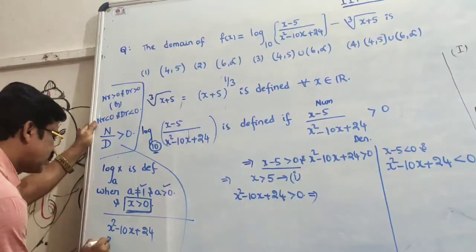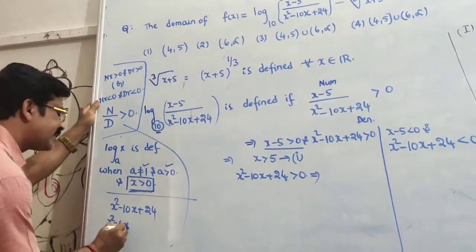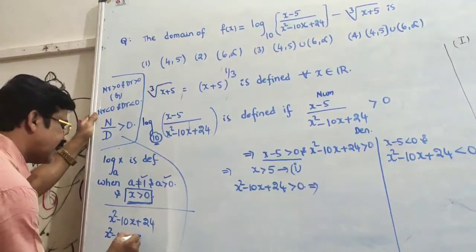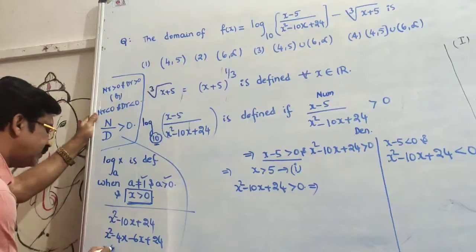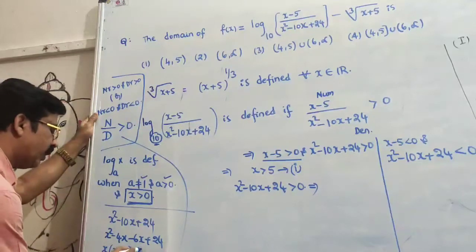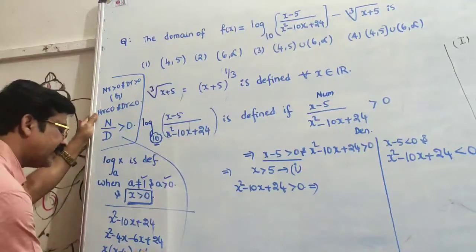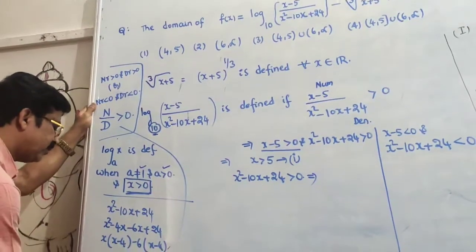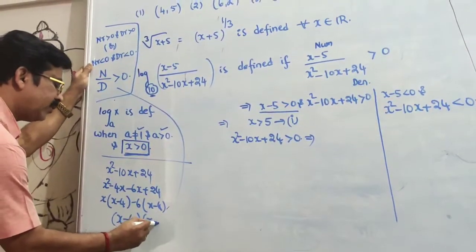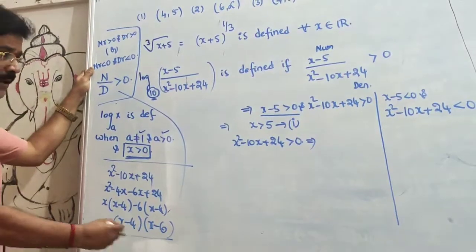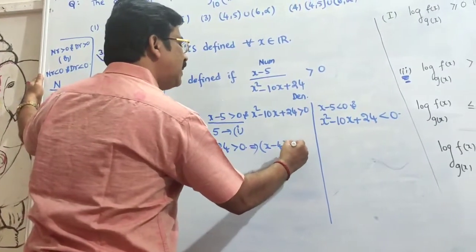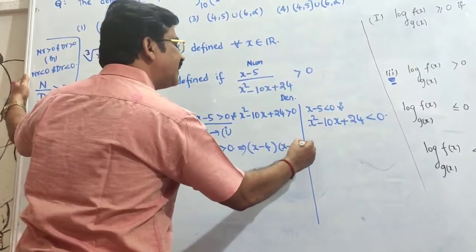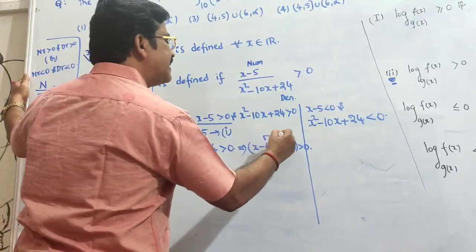So x square minus 4x minus 6x plus 24, that is x into (x minus 4) minus 6 into (x minus 4), so (x minus 4) into (x minus 6). These are the factors. So (x minus 4) into (x minus 6) is greater than 0. This is the second condition.